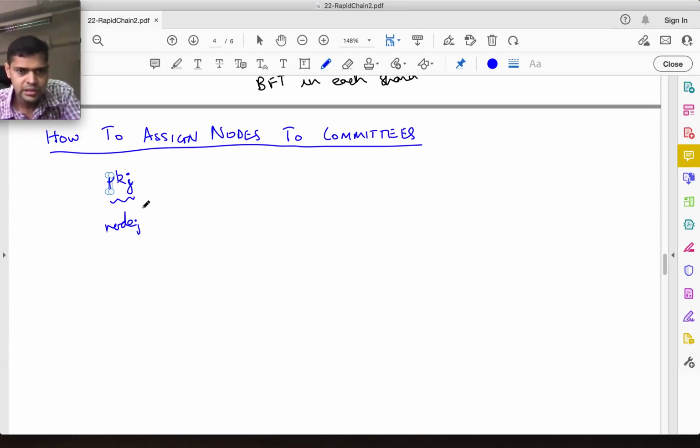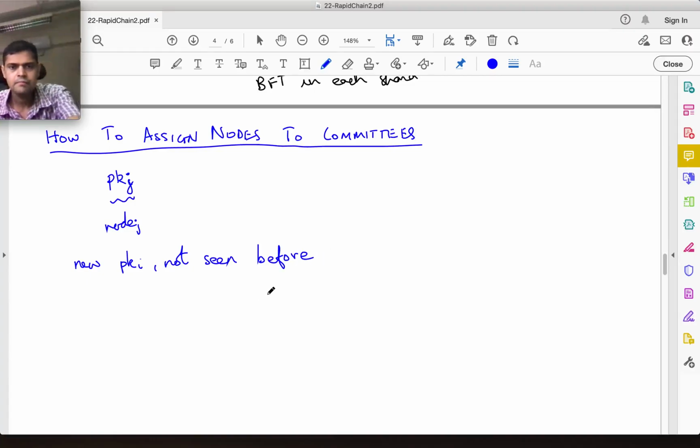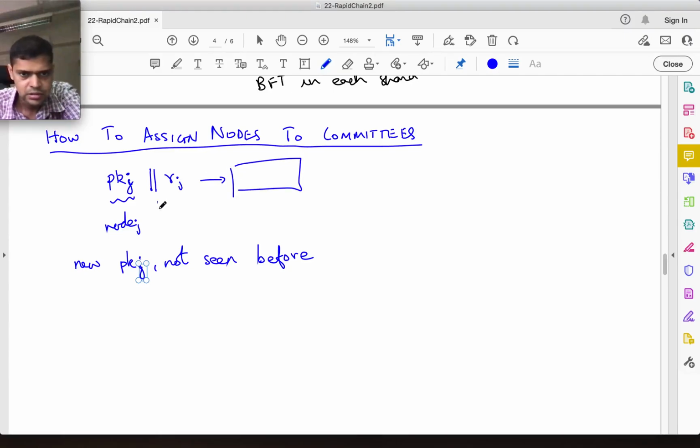Suppose it's a new PKj, and let's say that this is not seen before. What we are going to do is combine PKj with the nonce, and send this through a hash function. So this is just concatenation.